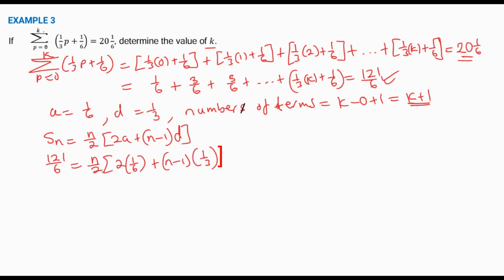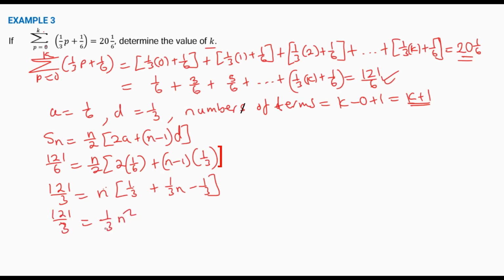Right, let's multiply by 2 on both sides of the equation. This gives us 121 over 3 is equal to n, and 2 times 1 over 6, that is 1 over 3, plus 1 over 3n minus 1 over 3. Right, 1 over 3 minus 1 over 3 is 0. So we remain with n times 1 over 3n, which is 121 over 3 is equal to 1 over 3n squared.